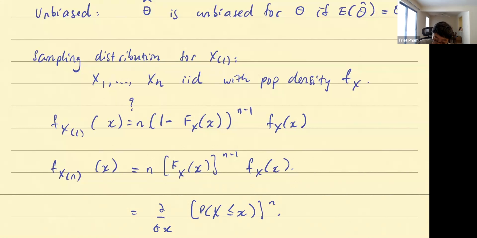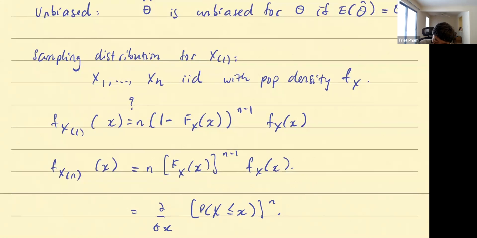For the min, you just turn the picture around. You would want to work with differentiating the probability that all values in your sample are bigger than x. That's the intuition.